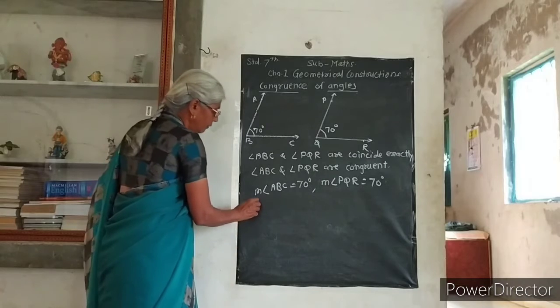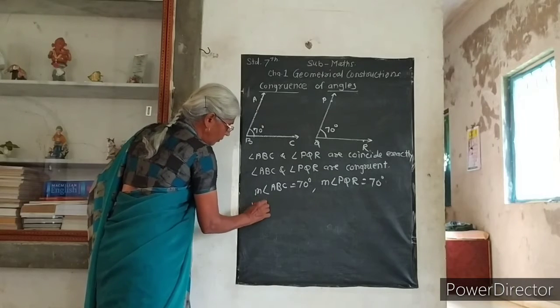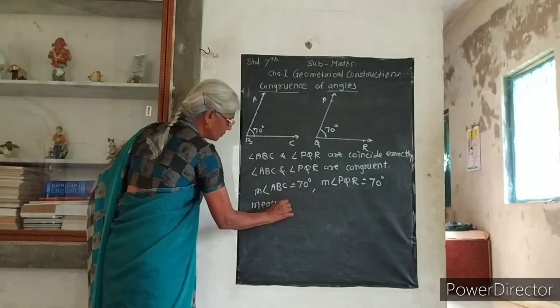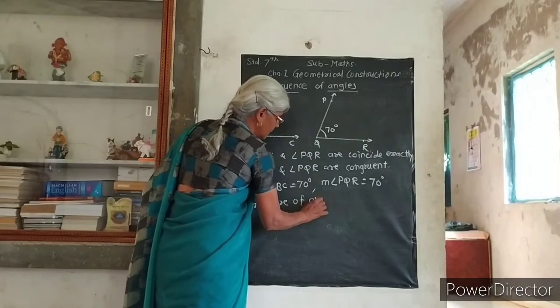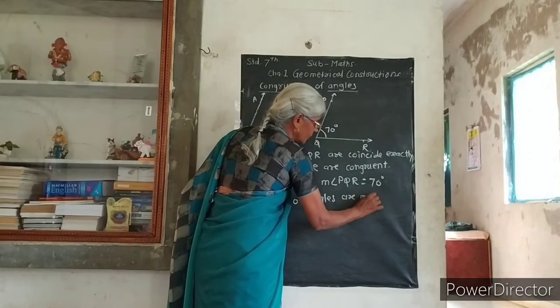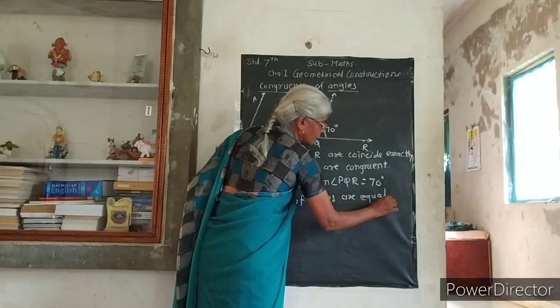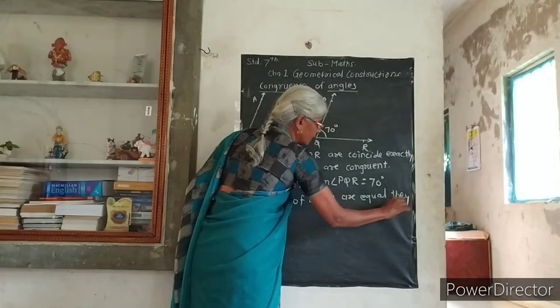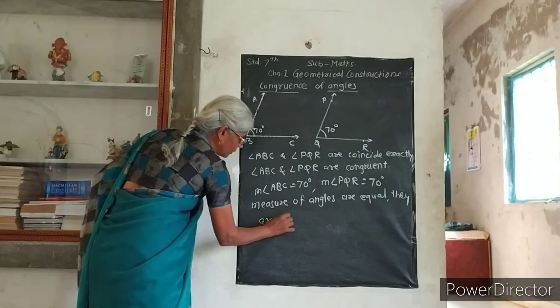Means when the measures of angles are equal, they are congruent.